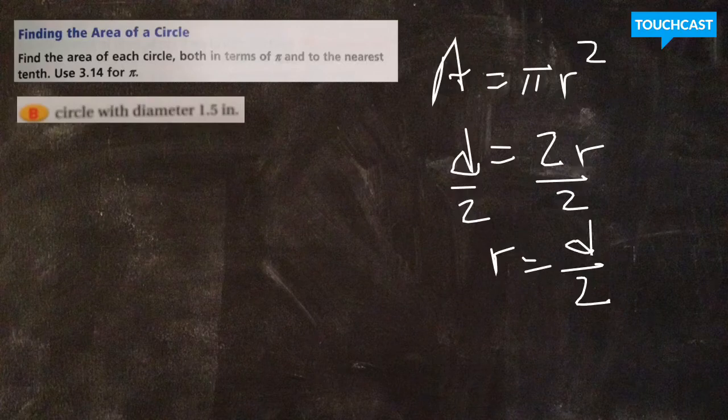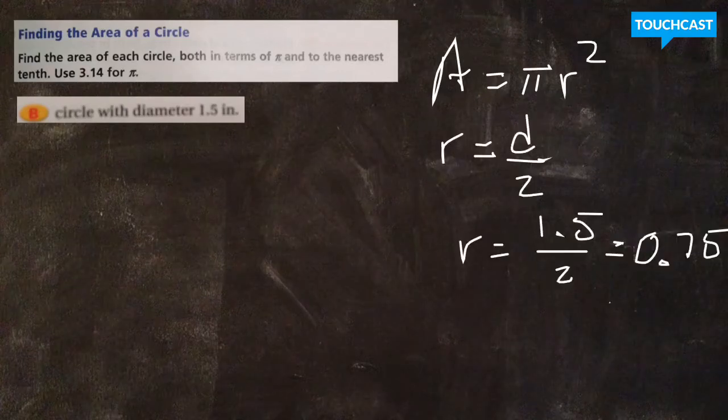So we can take the 1.5 inches for the diameter and divide it by 2 to find our radius. So 1.5 divided by 2 is 0.75. So our radius is 0.75. So let's plug that into our formula.